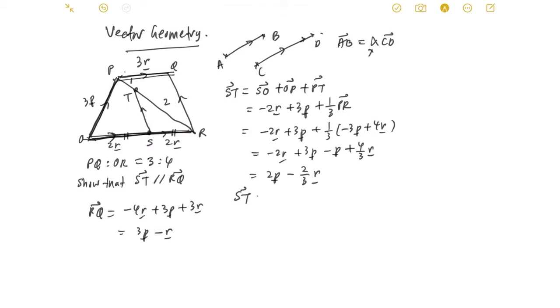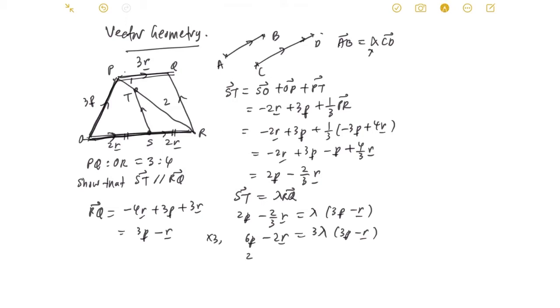Remember, to show that ST is parallel to RQ, we must write ST as a multiple of RQ, in this case lambda RQ. ST is 2P minus 2/3R, and RQ is 3P minus R. If you find the fractions annoying, you can multiply everything by 3. So this would be 6P minus 2R equals 3 lambda, keeping the 3 outside.